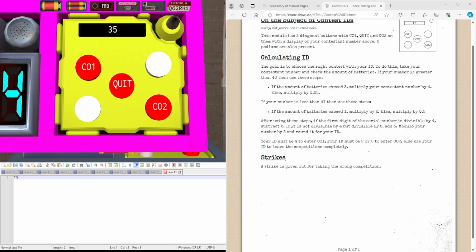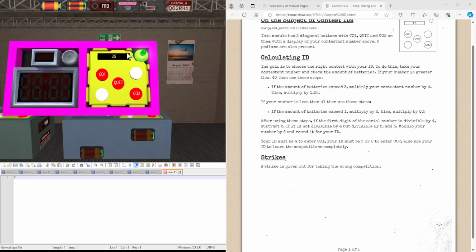The first digit of the serial number is 6, which is not divisible by 4, but is divisible by 2. So we're going to add 3 to this number, 73. Modulo by 5, 3. 3 is not 0, 2, or 4, so we are in the quit category again. And we get our module.